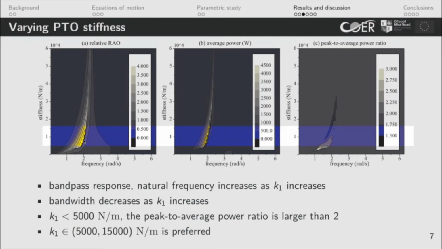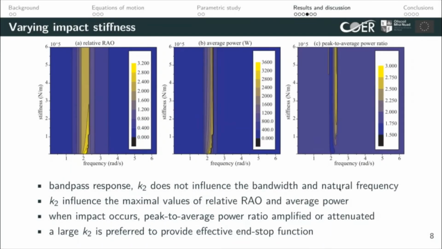Here we can get a relatively large RAO and average power with a wide bandwidth, and also the peak to average power ratio is not amplified.